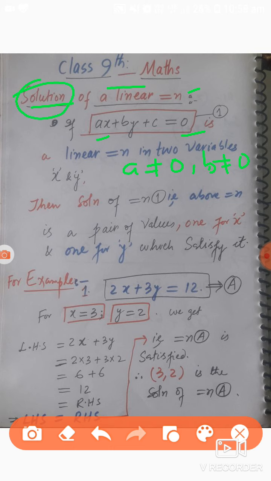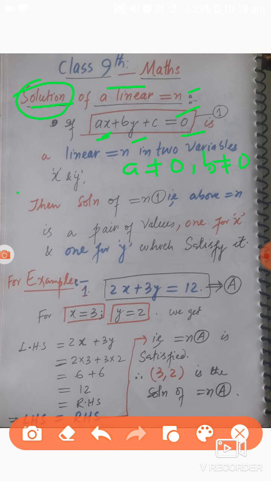Then the solution of this linear equation in two variables will be a pair of values, that is a value of x and another value of y, which will satisfy this equation. That is, the values for which the LHS becomes equal to the RHS. By satisfied we mean that LHS and RHS come to be equal.